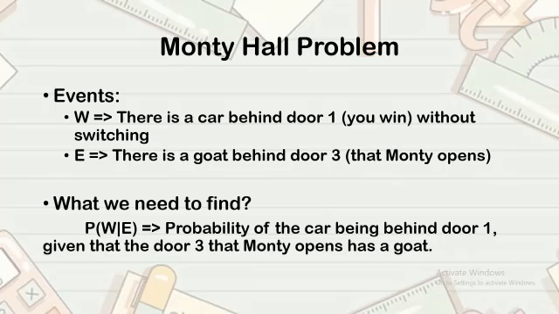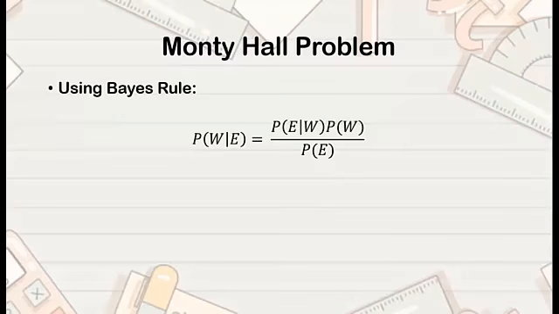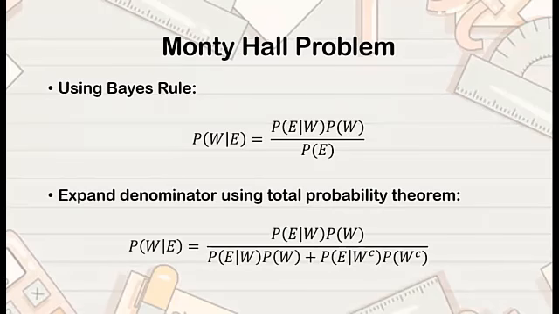To solve this through Bayes' theorem, using Bayes' rule, we can express our desired probability as the product of the likelihood, that is the probability of E given W, and the prior probability, that is the probability of W, which is then normalized over the probability of event E. We can expand the denominator using the total probability theorem like this.